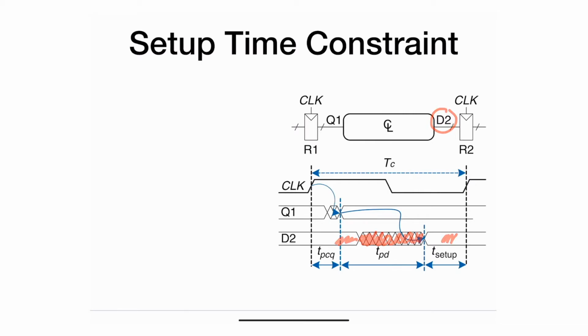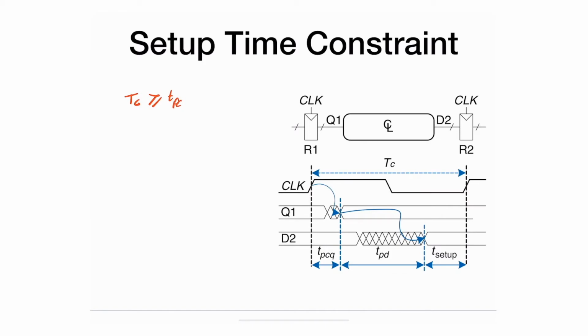Well, it could change in here a little bit, maybe we get the contamination here, but we're just going to look at the worst case scenario. This is actually the worst case scenario; I cannot get anything any shorter. So that tells me that Tc should be greater than or equal to the sum of all these times.